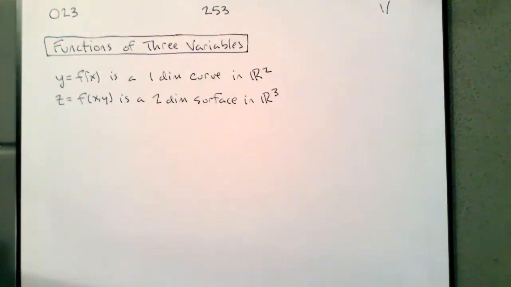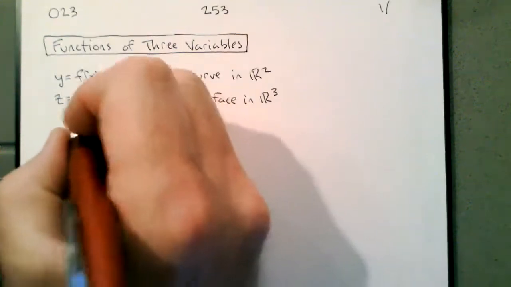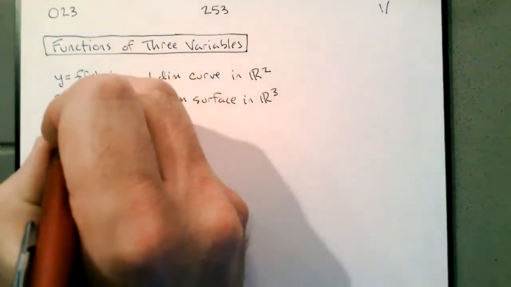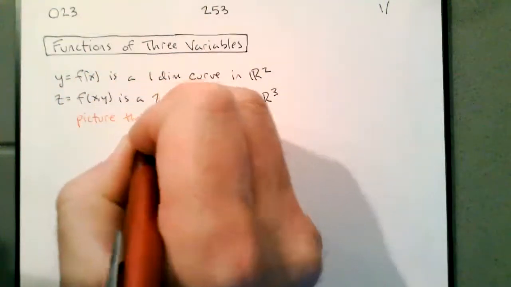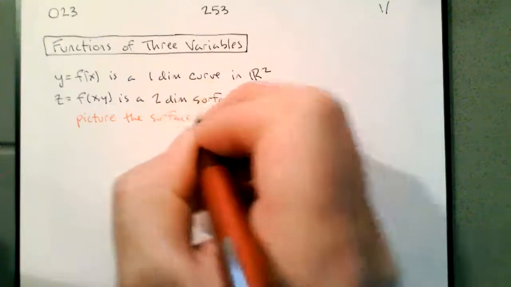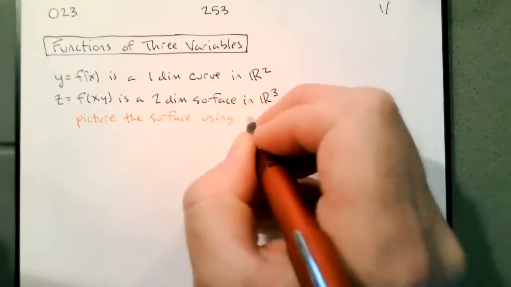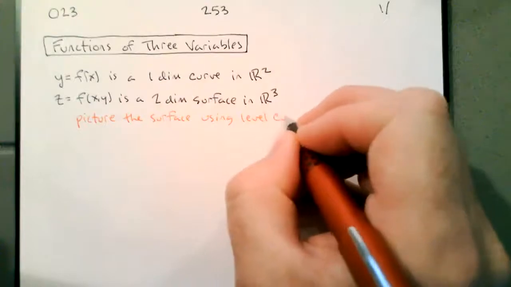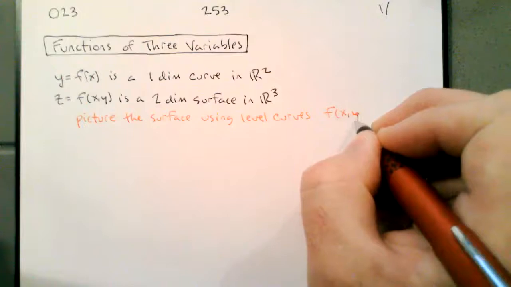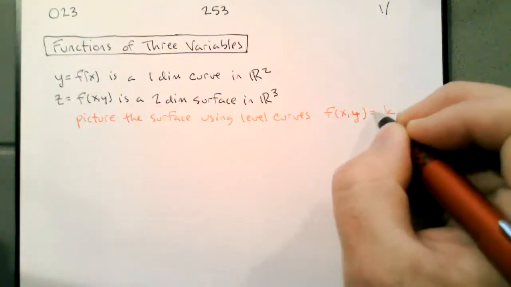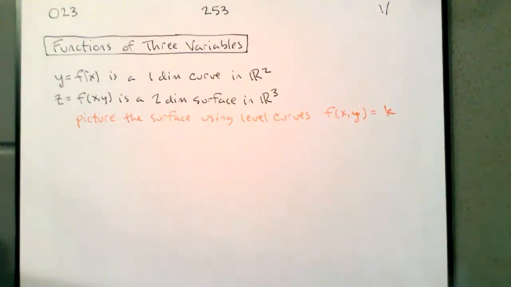So we can analyze the surface using level curves, where f of x, y is equal to some constant. I'll use k for the constant in this one. We're going to picture the surface using level curves.